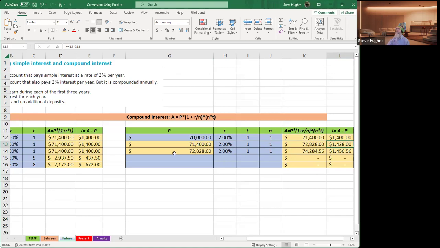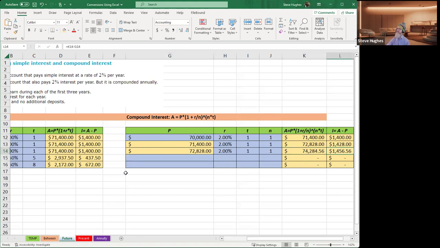For the third year, once again, click on the cell. I went up here and grabbed the future value from the second year and made it the present value for the third year, 72,828, the same interest rate, the same time of 1 year, compounded annually, and there are my answers given to me directly.